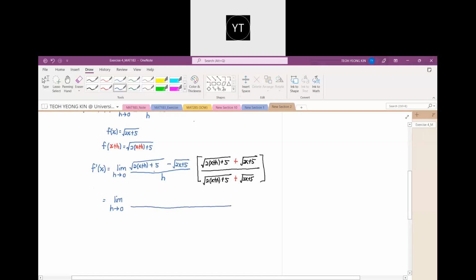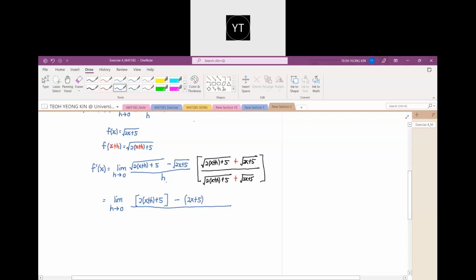Square root multiplied by square root will disappear. So what we have here is only 2(x plus h) plus 5, minus this part. Bahagian tengah ni akan cancel out. So we just expand the last part here, square root multiplied by this one. Negative, positive, negative. Square root darab dengan square root, I will have 2x plus 5.